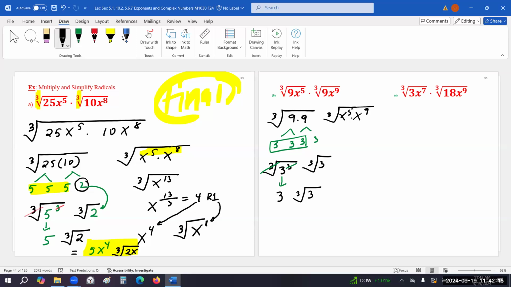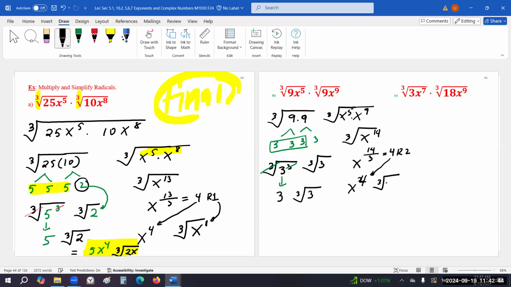Now, what did you do with the variable? X to the... and then what did you do? You divided, right? So we have x to the 4, because 4 is a whole number.